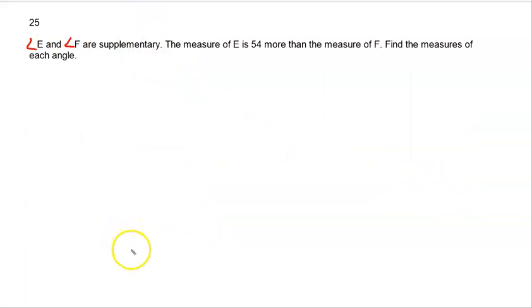All right, I got two more for you. Word problems. Number 25, angles E and F are supplementary.